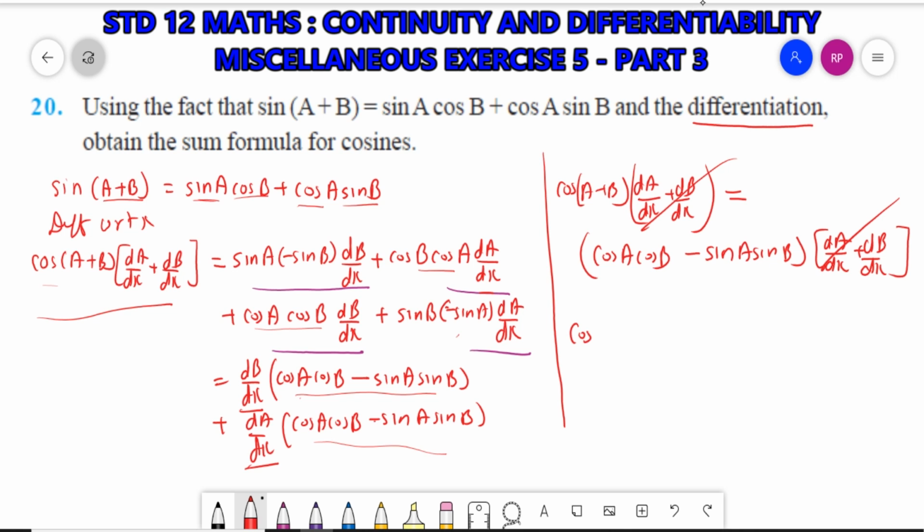So cos A plus B is equal to cos A cos B minus sin A sin B.